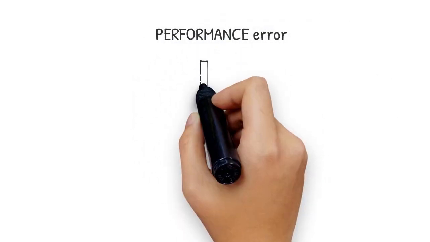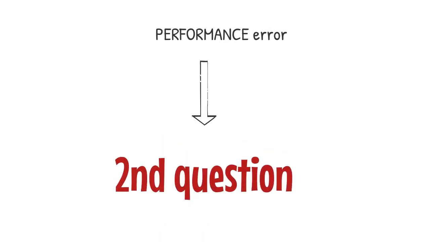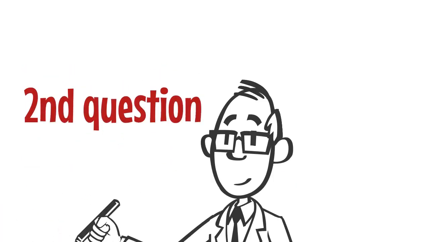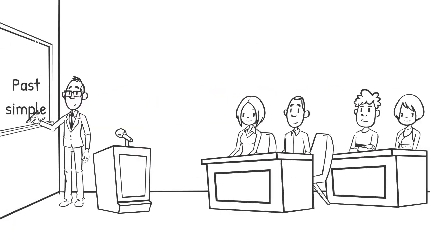If it is a performance error, meaning that the student should know the area in which they made an error, then you ask yourself the second question. The second question that we should ask ourselves is, is it an error with target language? In other words, is the student making an error with the area they are learning in that class or not? For example, if you are teaching past simple, that is the target language for that lesson.